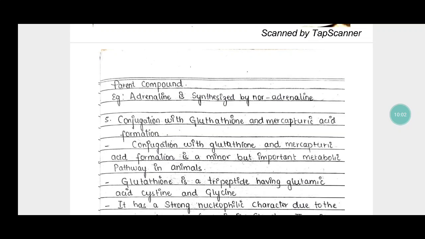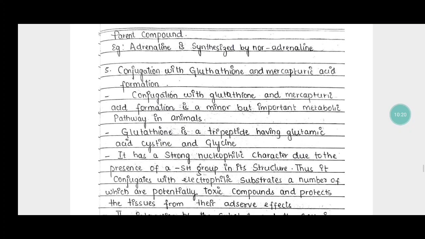Fifth one, conjugation with glutathione and mercapturic acid formation. This is a minor but important metabolic pathway in animals. Glutathione is a tripeptide having glutamic acid, cysteine and glycine. It has a strong nucleophilic character due to the presence of the SH group in its structure.